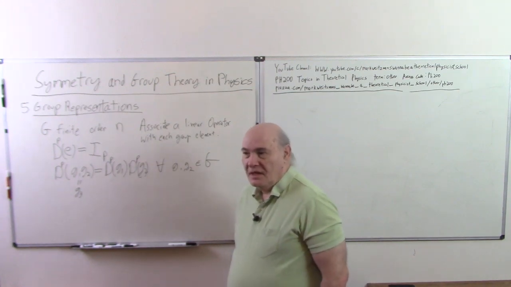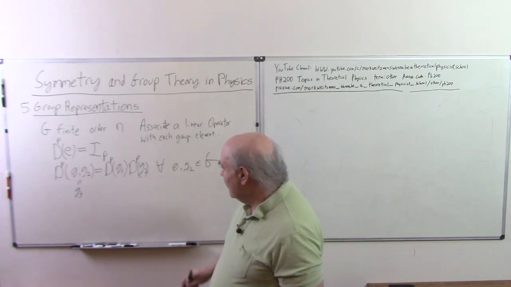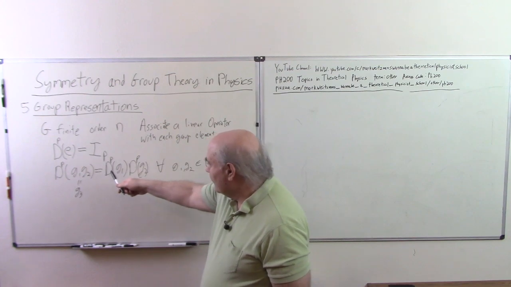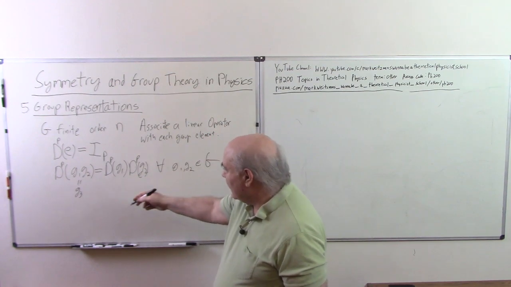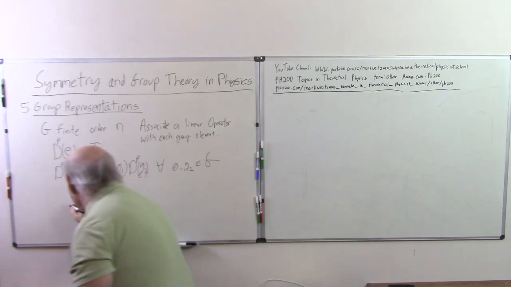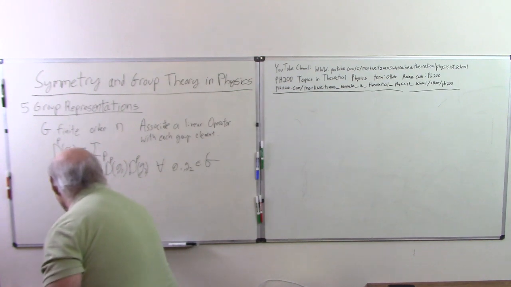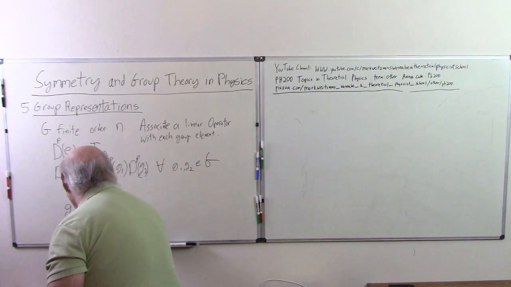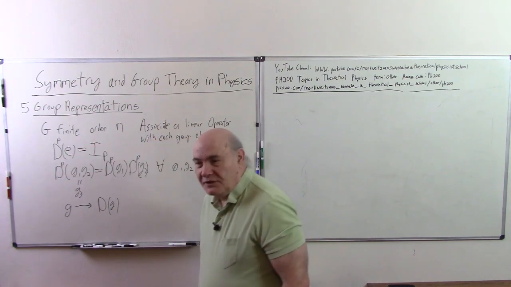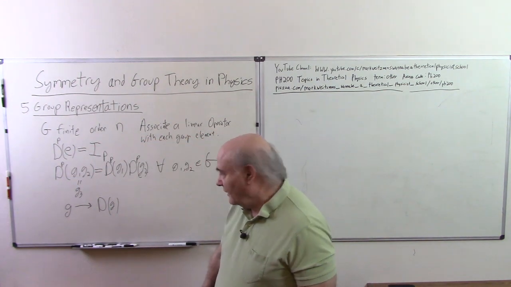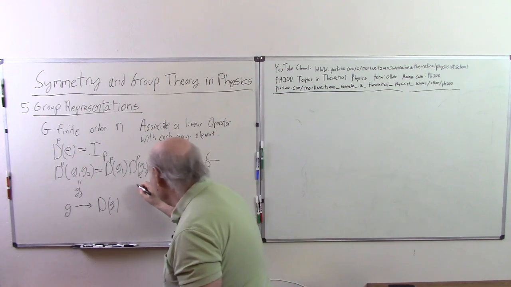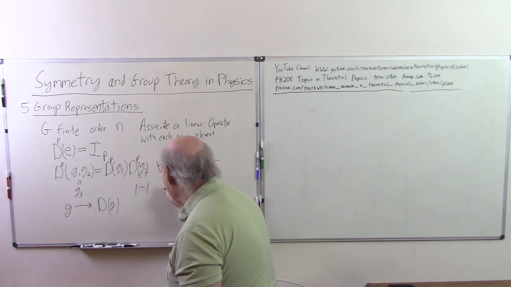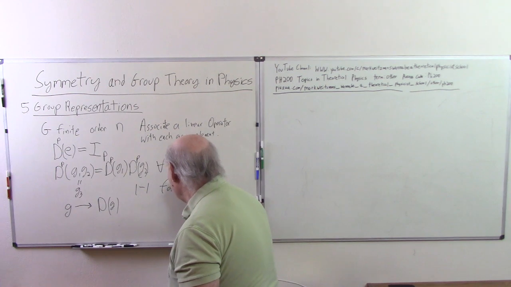Now, the representation, which maps a group element G to D of G, doesn't have to be one-to-one or onto or anything. If it's one-to-one, we say it's a faithful representation.